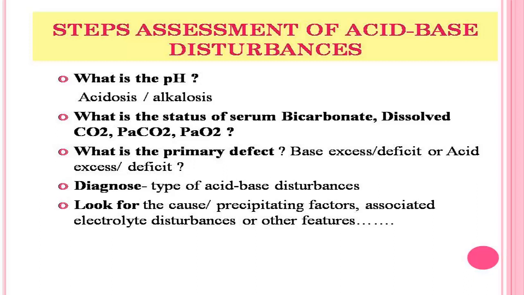First of all, look at the pH, whether the pH is on the higher side or lower side. If the pH is below the reference level, then it is acidosis, and if it is above the reference level, then it is alkalosis. So first thing, look at the pH and determine whether it is a case of acidosis or alkalosis. Now what is the next step? The next step, you have to look at the status of the serum bicarbonate, dissolved carbon dioxide and PaCO2 and PaO2 levels.